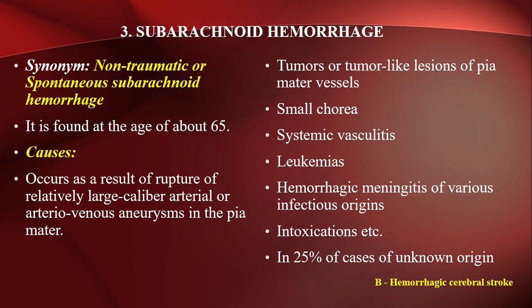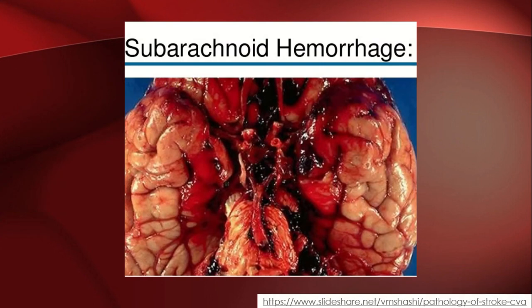Causes: it occurs as a result of rupture of a relatively large caliber arterial or arteriovenous aneurysm in the pia mater, tumors or tumor-like lesions of pia mater vessels, systemic vasculitis, leukemias, hemorrhagic meningitis of various infectious origins, intoxications, and so on. And 25% of subarachnoid hemorrhages are of unknown origin. Here is the gross view of the subarachnoid hemorrhage.